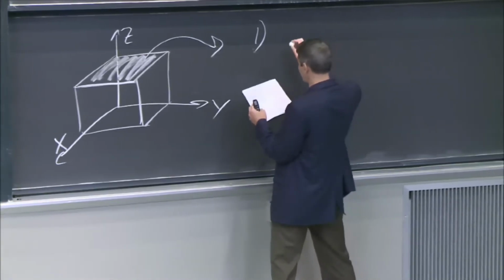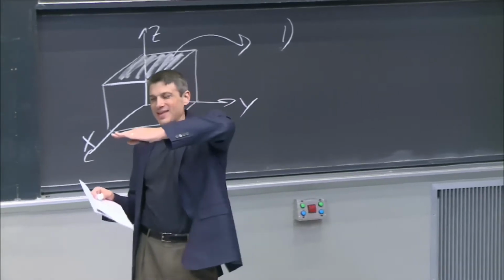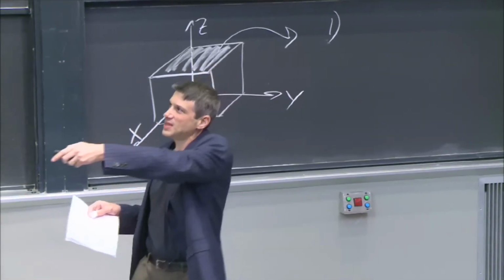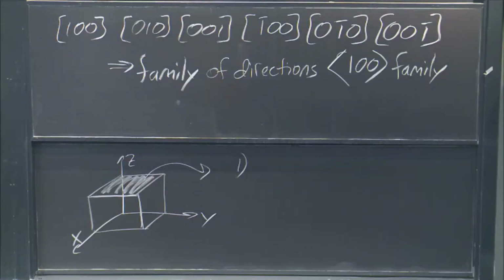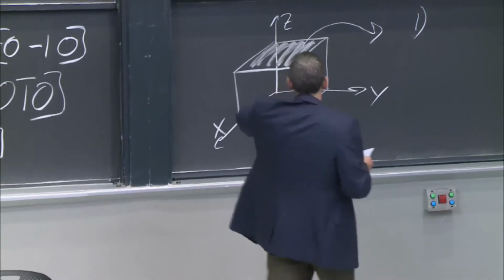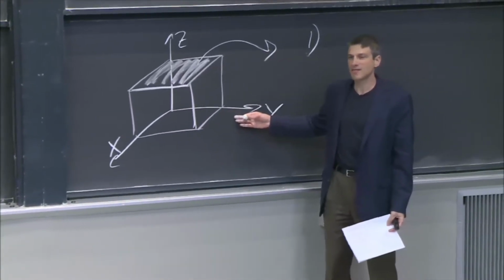We've got one whistle. So here's the thing. If I have a plane like this, and I ask you, where does it intercept the axes? Well, it's never going to intercept the x and y axes. Never.